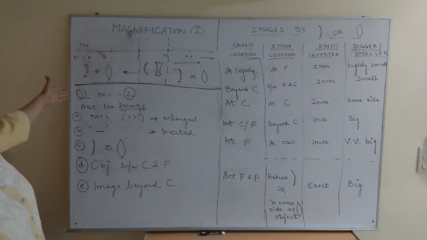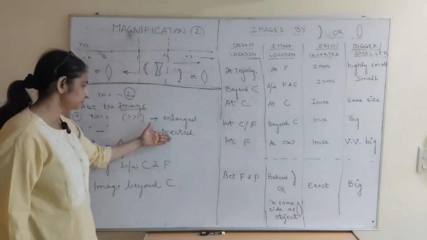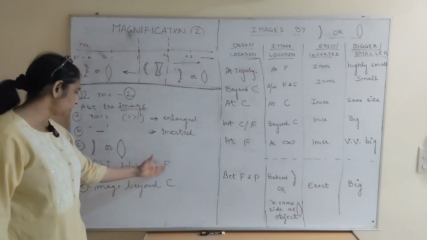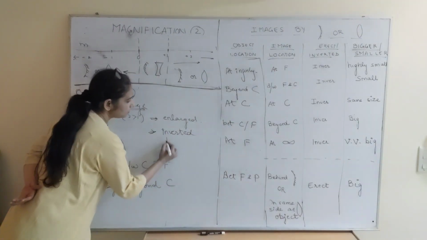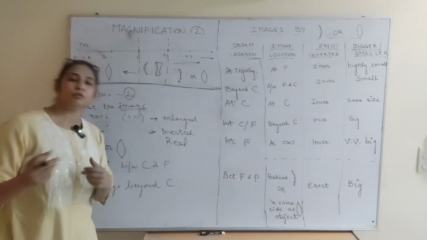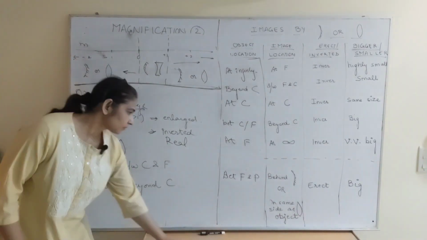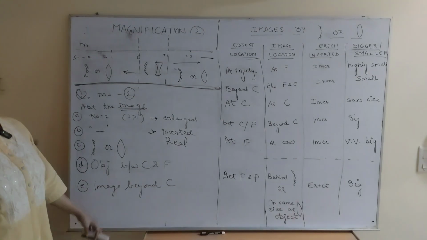So we get the solution of the entire thing: size, kind of lens, object position. Inverted means real. I told you, real and inverted always go hand in hand. They're true friends, they'll never ditch each other. Good? We're good with this example?